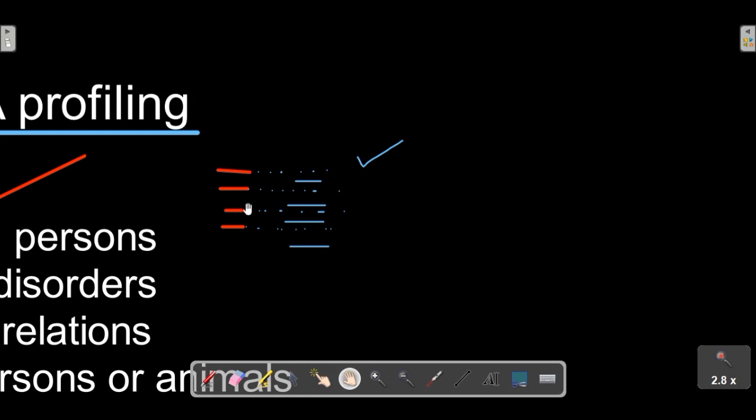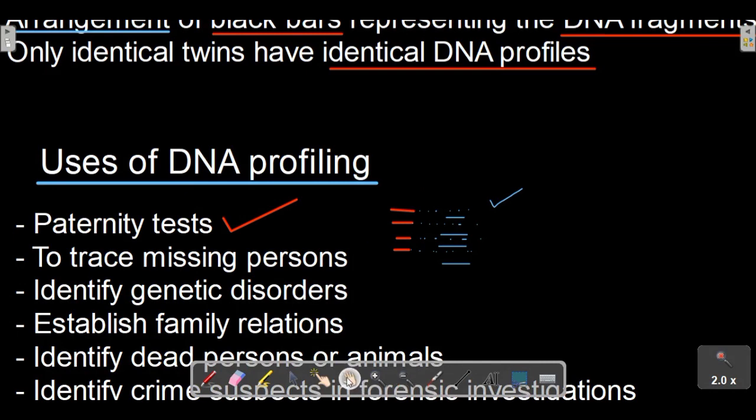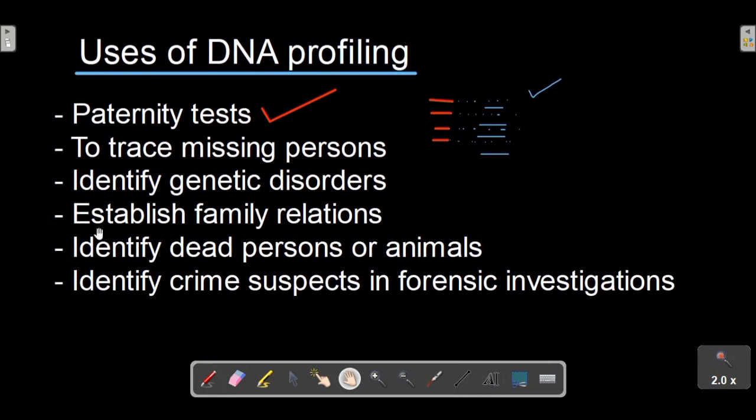So your reasoning is that the black bars of the father match the DNA profile of the child. That is your reasoning usually there. We can use this to trace missing persons, to identify genetic disorders, to establish family relations, identify dead persons or animals, and identify crime suspects in forensic investigations.